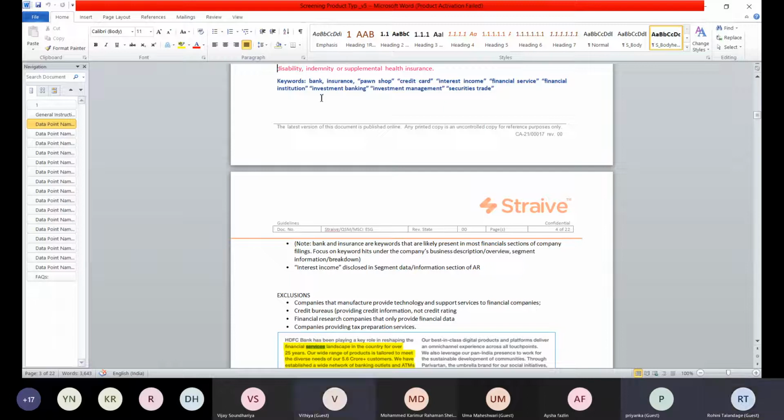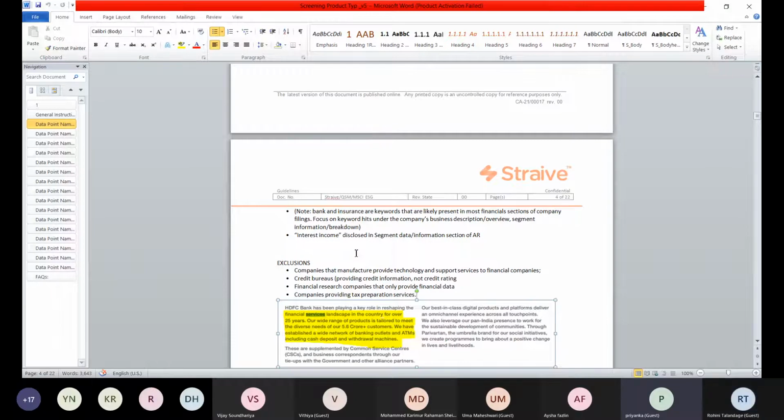And one more thing: in screening, you have to search all the keywords. They have given the list of keywords we have provided here, so we have to search all of them. If you are not getting any result for all these keywords, you have to mark not reported.